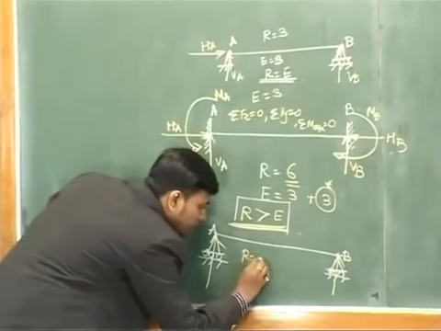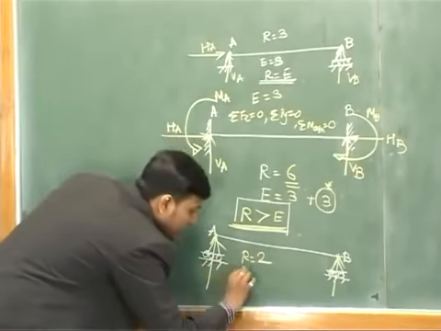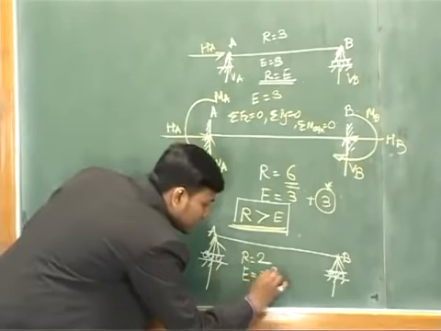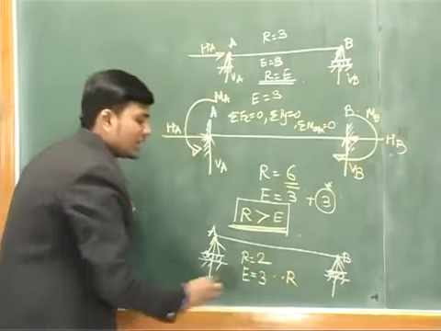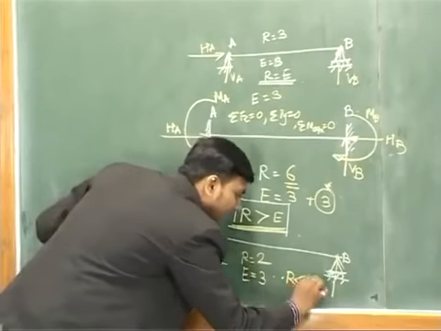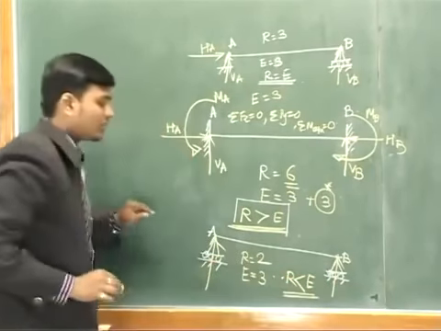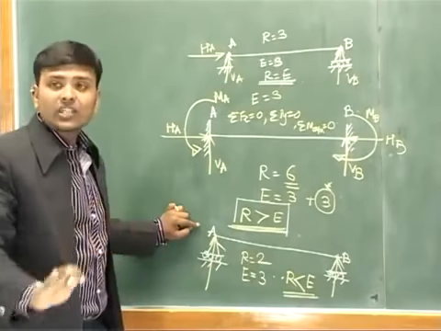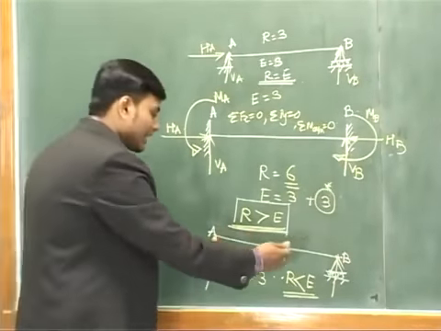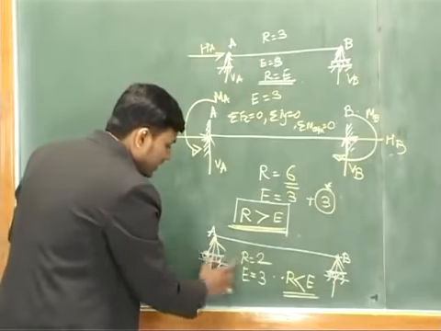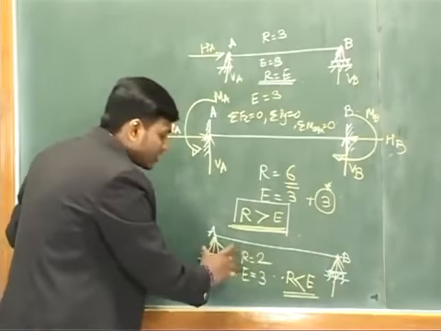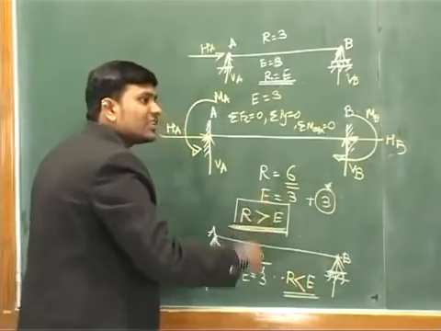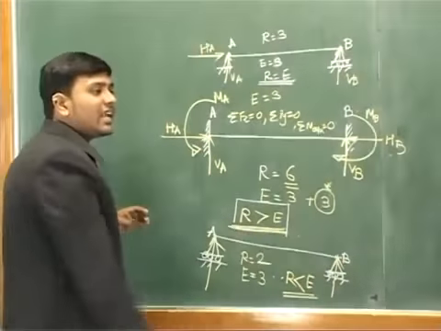So R is equal to 2 in such a condition, and E is constant for equilibrium, which will be 3. Therefore R here is less than E. Such a beam or structure is called a statically unstable structure. So we cannot stabilize it. You can see it does not have any constraint in the x direction. It can move in the x direction. This one can also move in the x direction. It has a constraint in the y direction. So it is statically unstable.